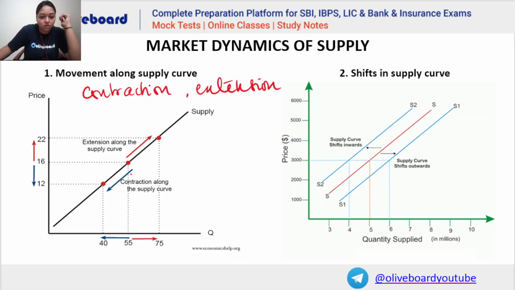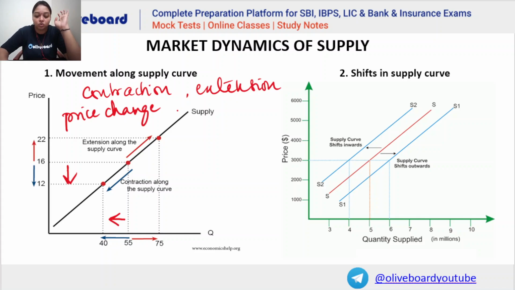When on the supply curve the quantity supplied decreases due to a decrease in price, we say contraction is happening. Here you can see the movement is along the same supply curve, there is no new supply curve, and this movement along the supply curve is only due to price change. All other factors are kept constant.